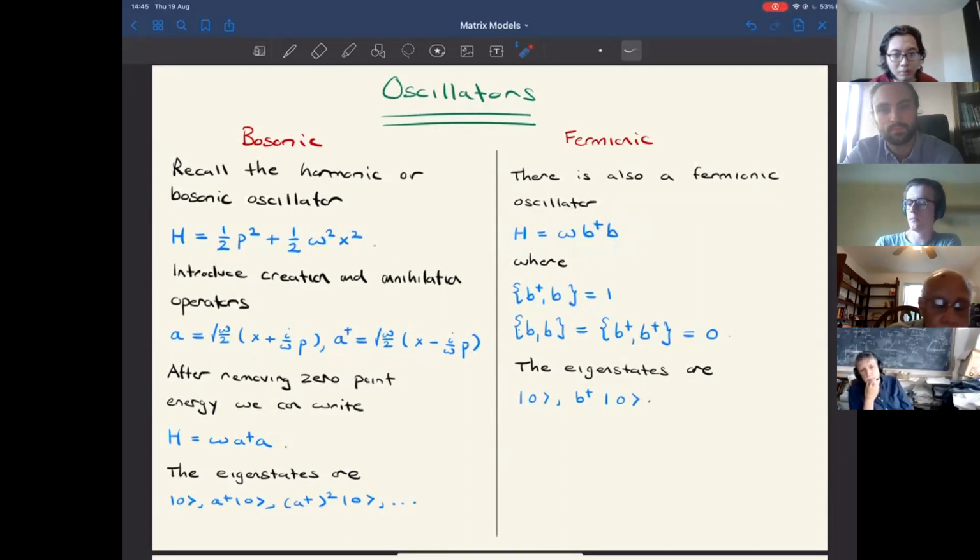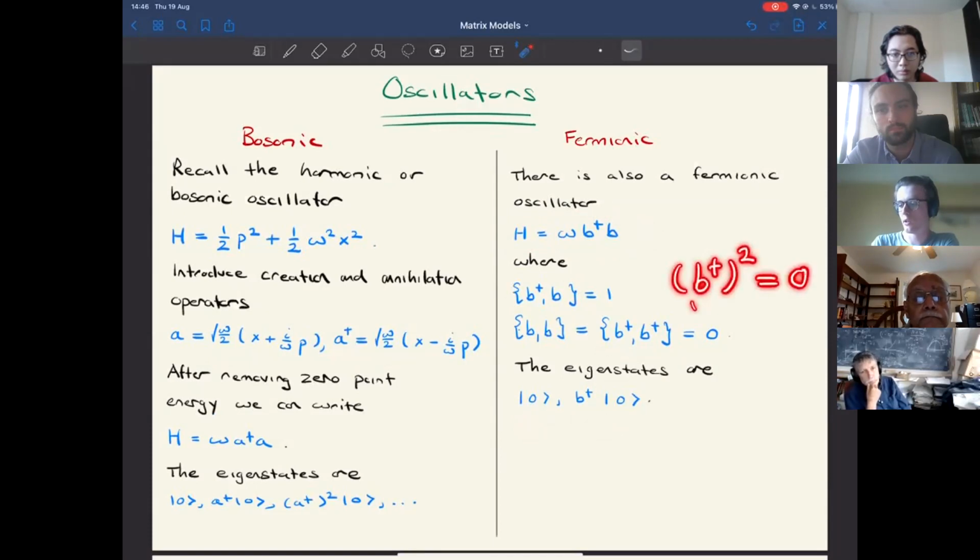Okay, and there's only 2 eigenstates now, just the 0 eigenstate and just the B dagger 0. And this is energy 0, and this is energy omega. And it's a consequence of this and a reflection of the Pauli exclusion principle that there are no higher eigenstates, because that right there implies that B dagger squared is 0. Okay, so there can't be any more fermions in that state.